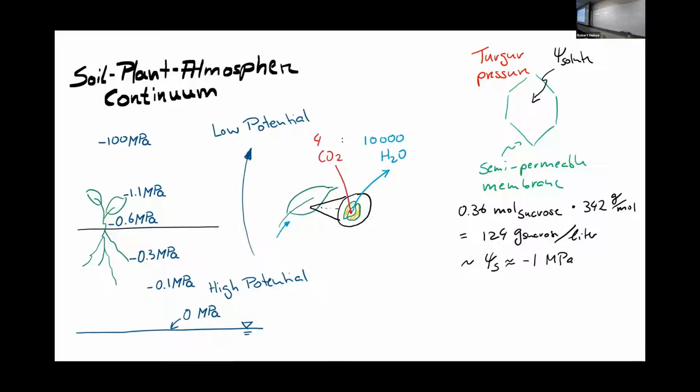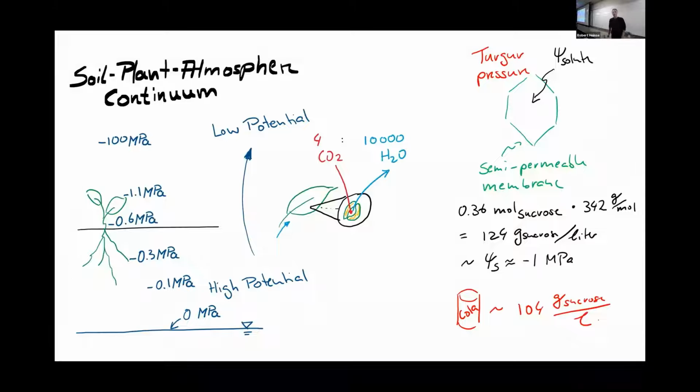So 124 grams of sucrose per liter, how much is that? Well, one of the beverages that maybe you have consumed in your lifetime has about 104 grams of sucrose per liter.